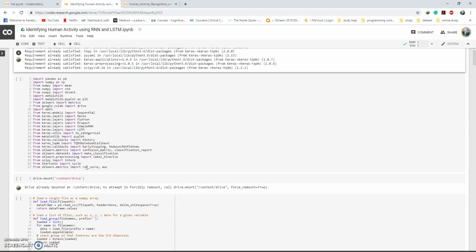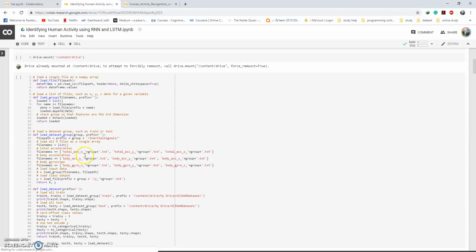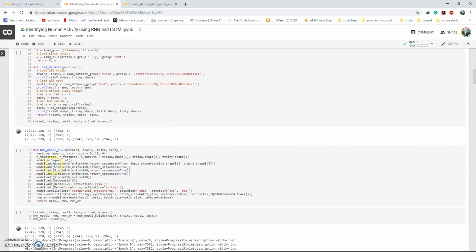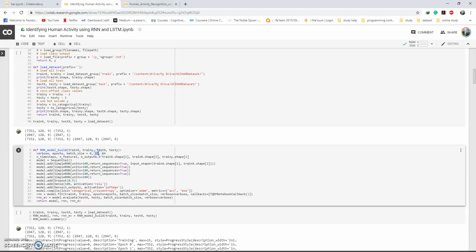What we changed is we only changed the number of epochs and we added some more evaluation techniques. So you can see that all of these are similar to the one I showed before, all the data collection, and the only change in this code is this one, and the following are some of the evaluation measures. So we increased the epochs here to 15 and all the rest are similar.